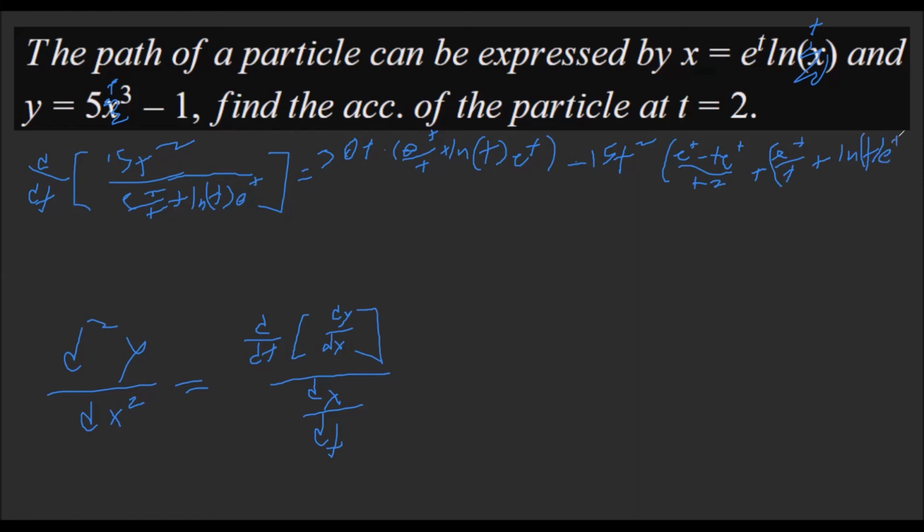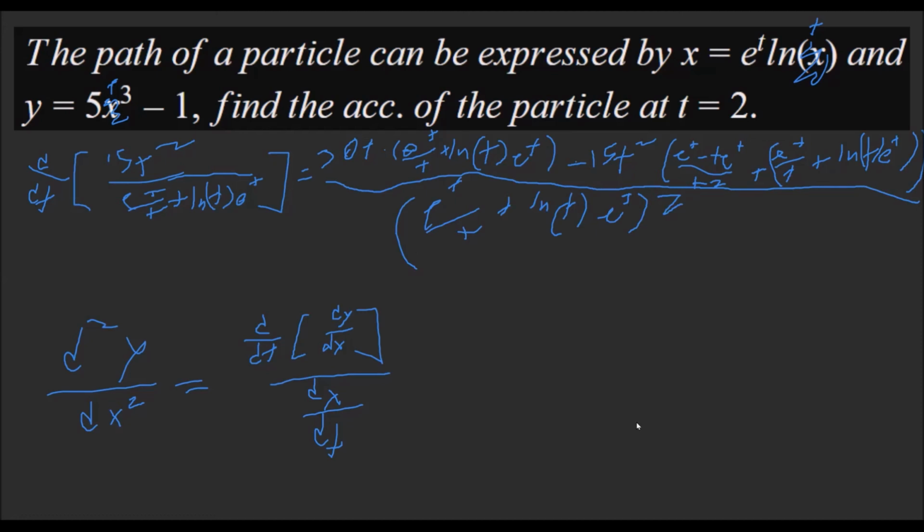And that is, well, not quite. We're actually not yet done with the derivative of the y derivative. We have to multiply this by the inverse of the denominator squared. So e to the power of t over t plus natural log t times e to the power of t, squared. And this is finally, I believe, our derivative for our y function derivative.